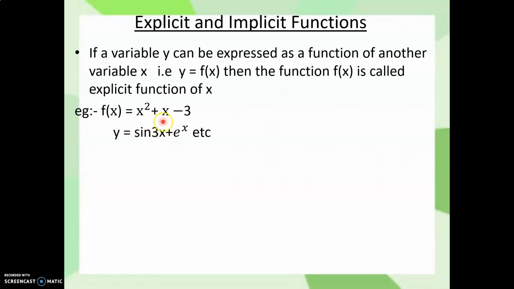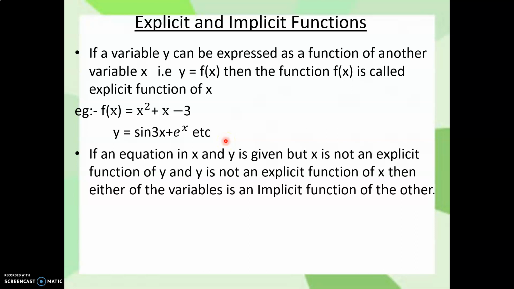Here it is the variable x and here it is again variable x, but a trigonometric function is given. So the functions with only one variable on one side, that means y is equal to f of x, or x is equal to g of y. This kind of functions are called explicit functions.